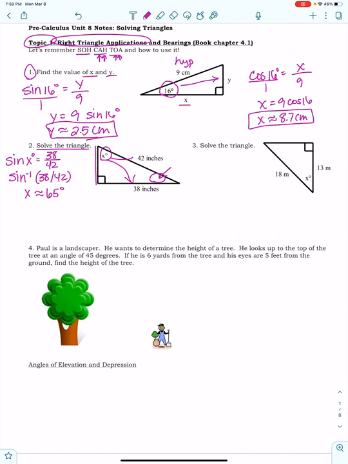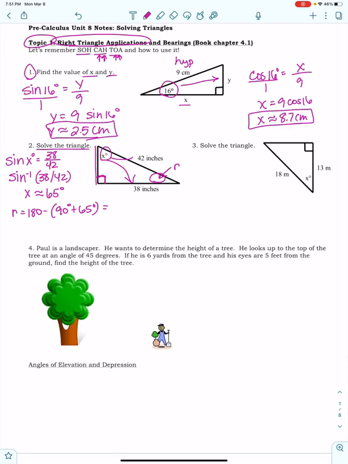I'm just going to call that angle R. So R is going to equal 180 degrees minus 90, that's this angle, plus 65, because we know that a triangle has 180 degrees total.